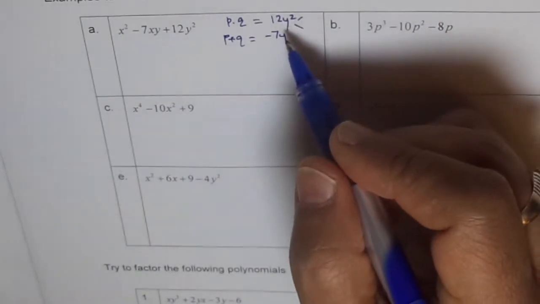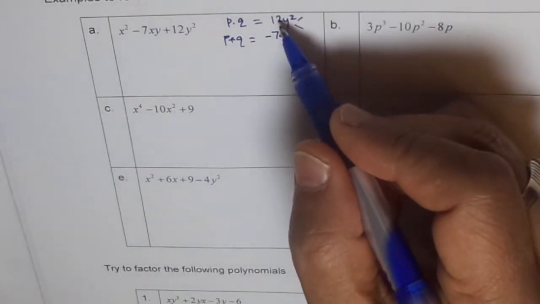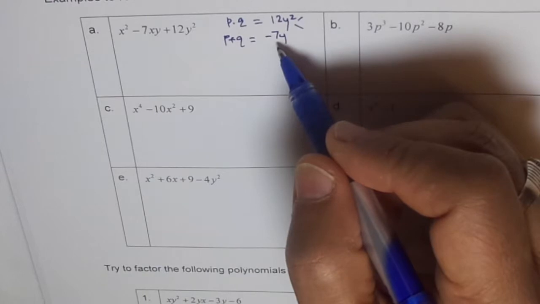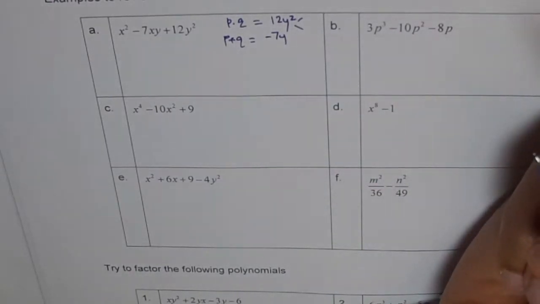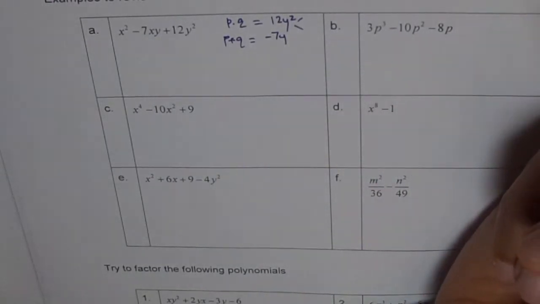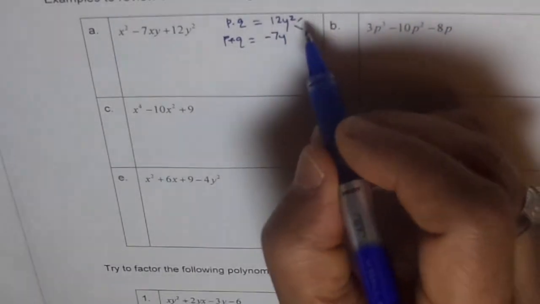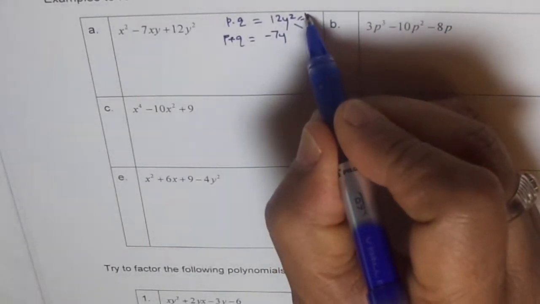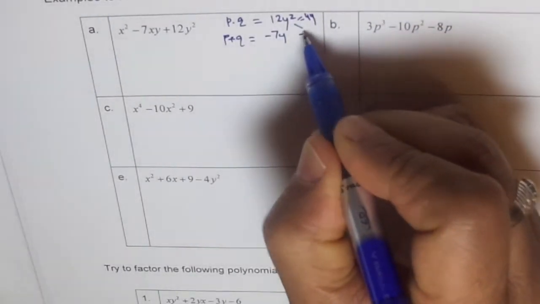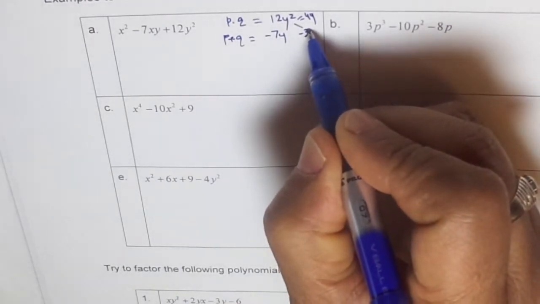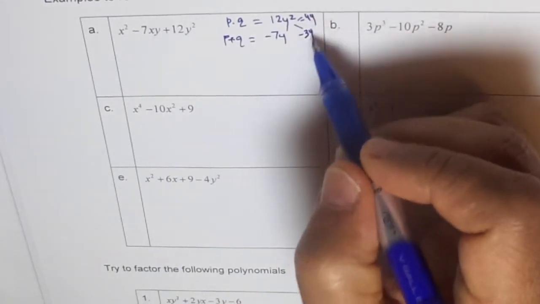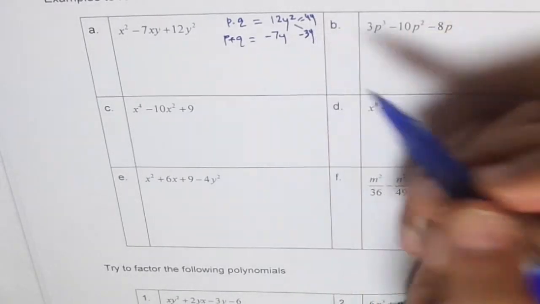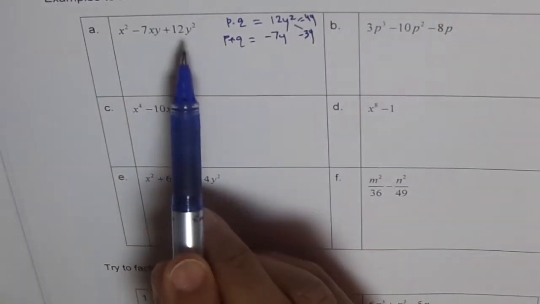4 times 3 is 12. And if we take negative 4 and negative 3, we do get negative 7 as their sum. So the only difference here is that our numbers this time become negative 4y and negative 3y. Do you see that? Now when you multiply them, y times y is y squared, so you get the third term, right?